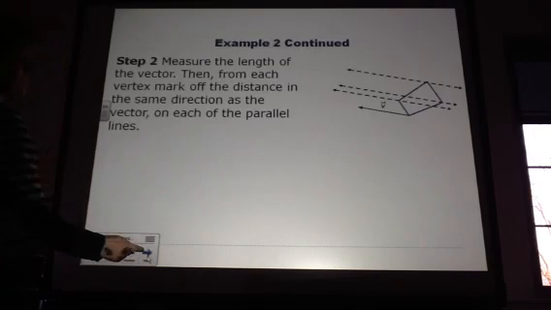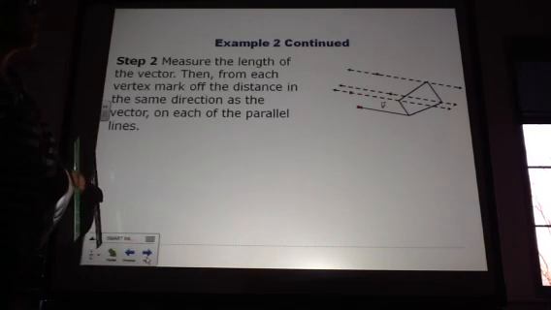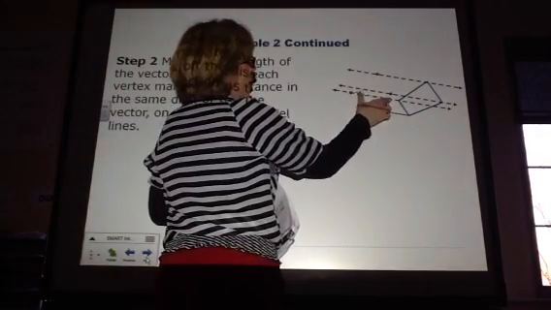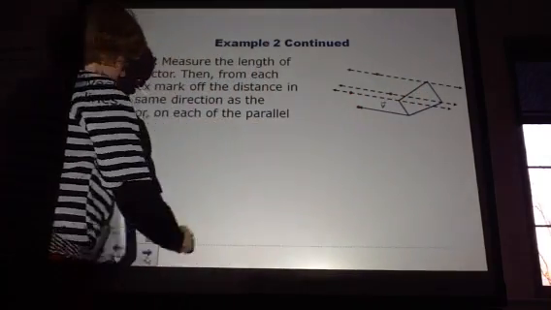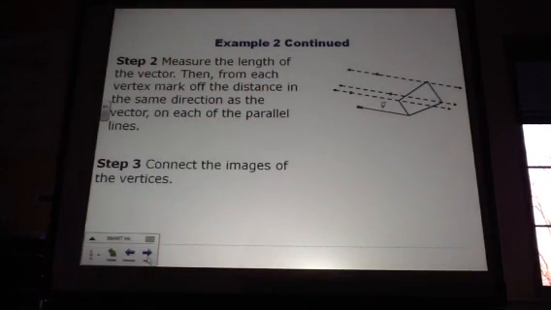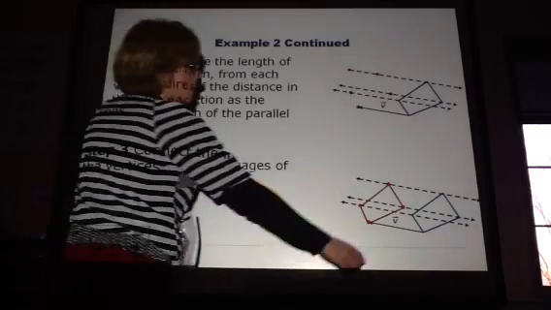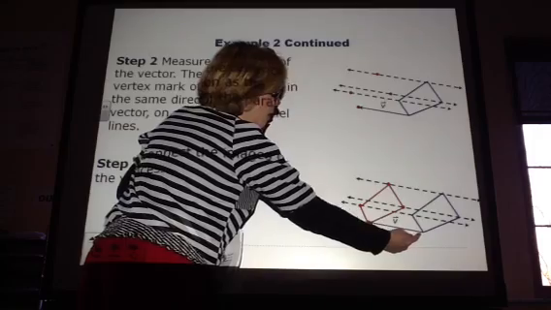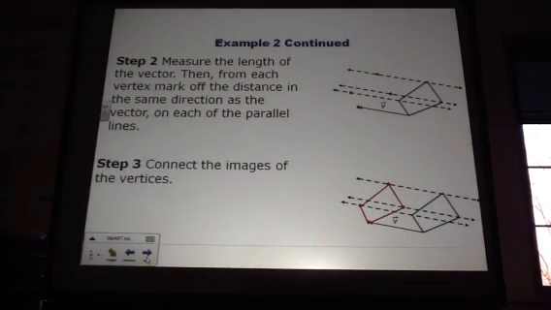And then from each vertex, measure and make that point. Then you connect your 4 points there. And what you've done is you've taken the blue pre-image and you've translated it along vector V to create this red image.